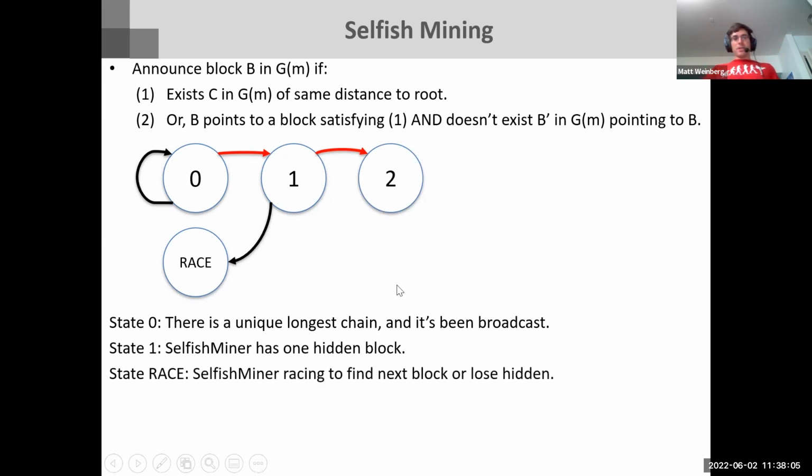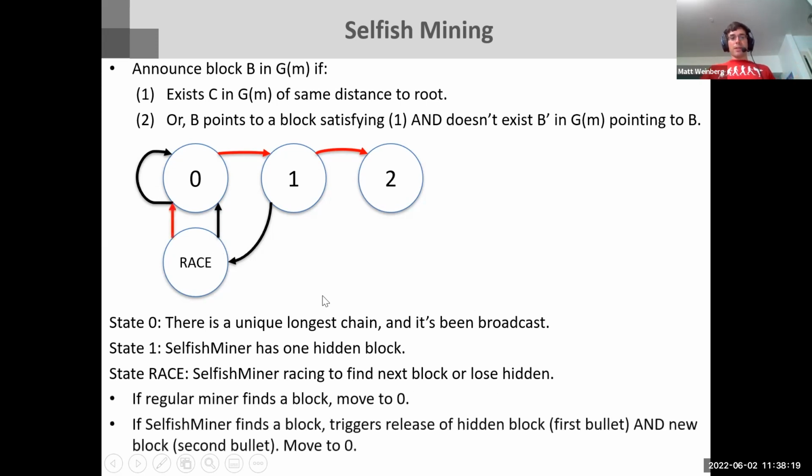Okay, and let me just go through this last one. I'll skip the rest of the transitions, but hopefully you can see the picture that we're building, as we're saying, okay, from this state, what happens if an honest miner finds a block, and what happens if the selfish miner finds a block? And so here, no matter what happens, we're going to go back to state 0. If the honest miner finds a block, then the honest network is going to have the previous block in the longest chain.